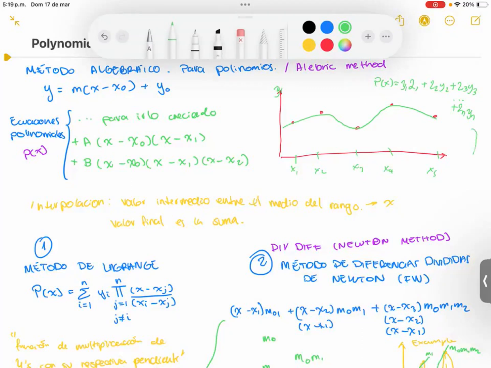This is actually what is in this function.